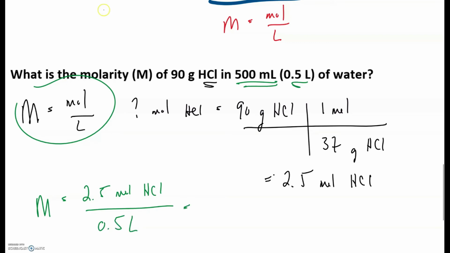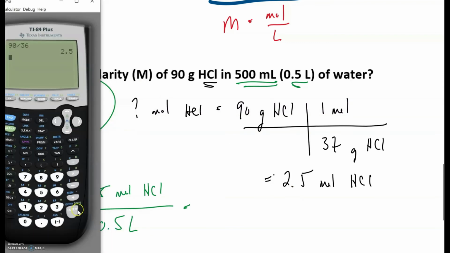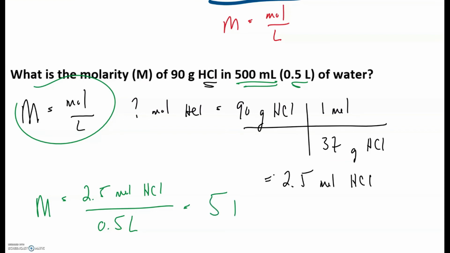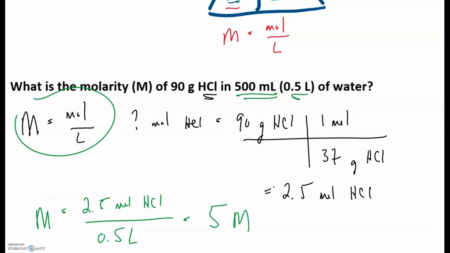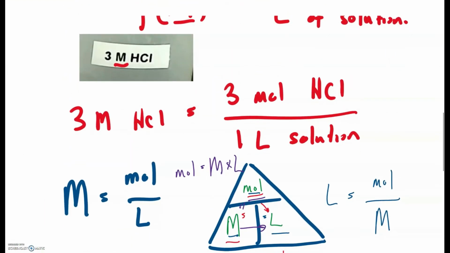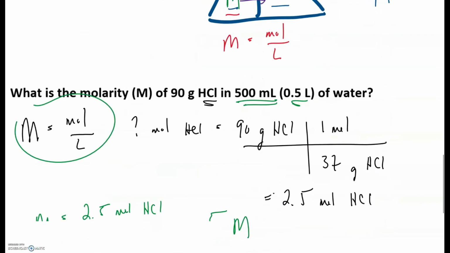I don't think you need a calculator for that one, but if you do, we take our 2.5 and divide it by 0.5 liters, the same as multiplying by 2, and that means we have a concentration of hydrochloric acid that is 5 molar, a little bit stronger than the 3 molar that we used in Lab 11D.